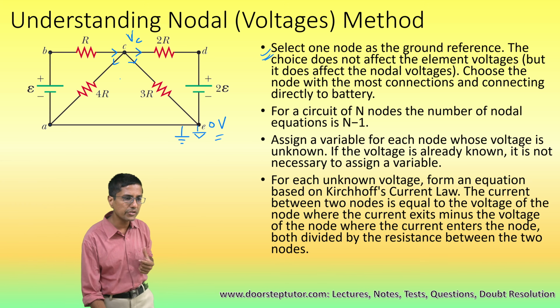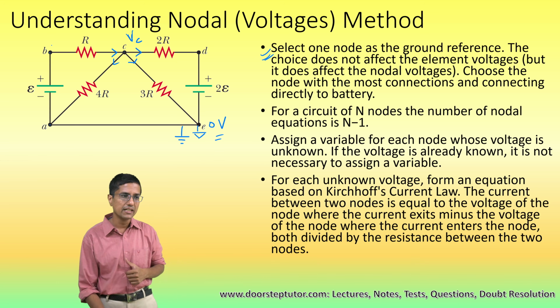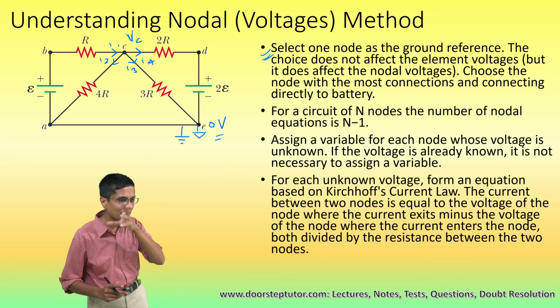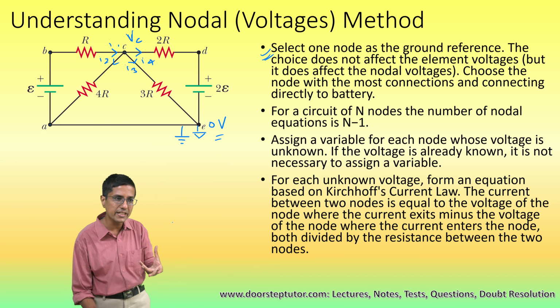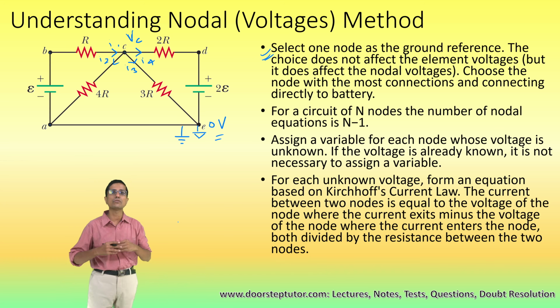We substitute the values of currents in terms of the voltages. So for example, for each of these currents, I1, I2, I3 and I4, we would write down their values in terms of the voltages, and so we get our equation in terms of voltages, and then we solve those equations.